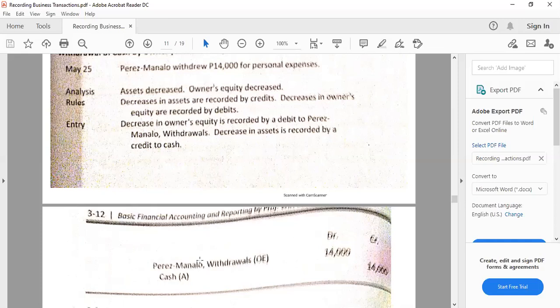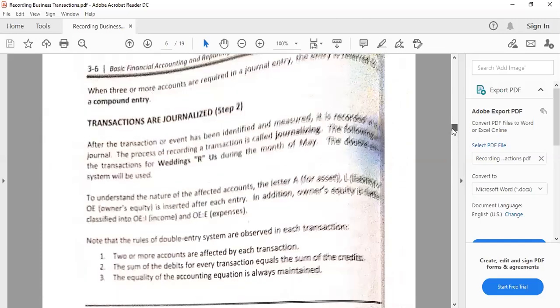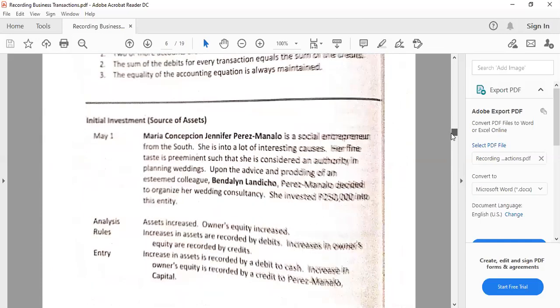That is the last name of the owner. Actually, I mentioned this one when we discussed the previous chapter. It can also be that we write here the first letter of the first name of the owner or proprietor, then a dot. Let's say the name of the owner or proprietor is Maria Concepcion Jennifer.